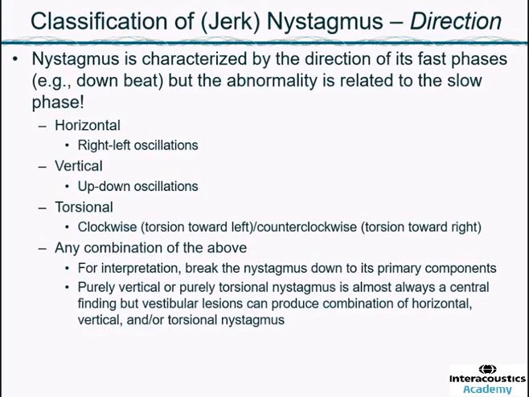What we should say is that if you have purely vertical or purely torsional nystagmus, then that's central. But a combination of torsion with horizontal or vertical can come from abnormalities in focal lesions of the anterior or posterior canal. So any combination should be interpreted more cautiously, so not just take that any type of vertical is always central. If there's a combination of torsion, it probably means there's either one of the vertical canals or one of its pathways affected.